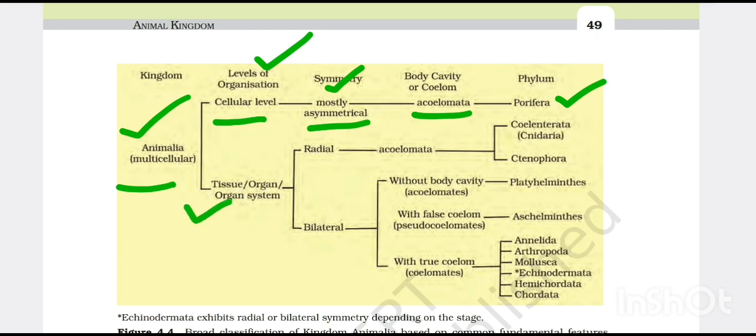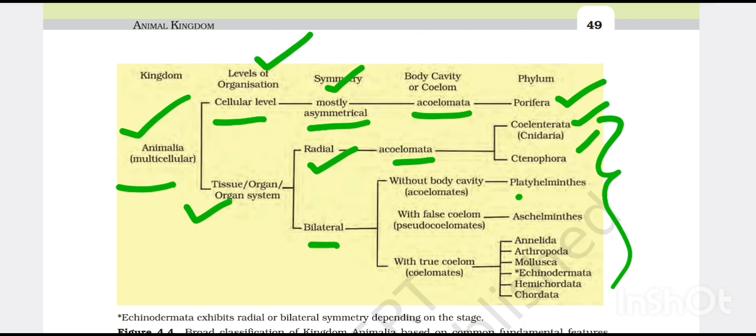Then tissue level or organ level of organization is shown by members of other phyla. Radial symmetry is shown by Coelenterata and Ctenophora, and they also lack the body cavity, so they are also acoelomate. Then bilateral symmetry is shown by the Platyhelminthes, Aschelminthes, Annelida, Arthropoda, Mollusca, Echinodermata, Hemichordata and Chordata.